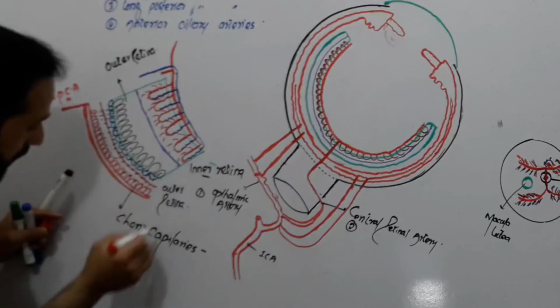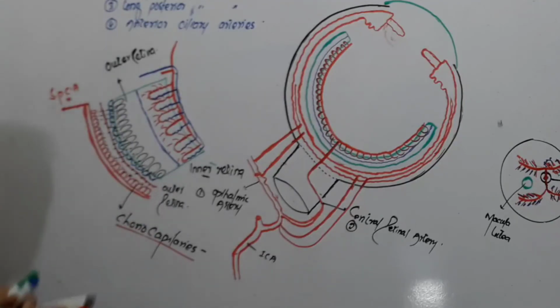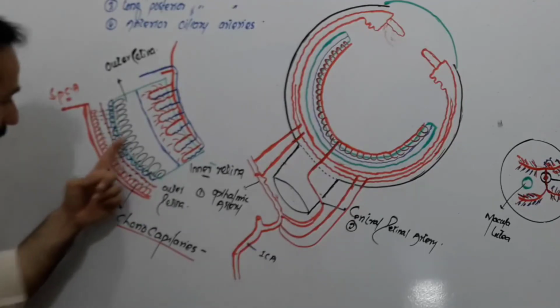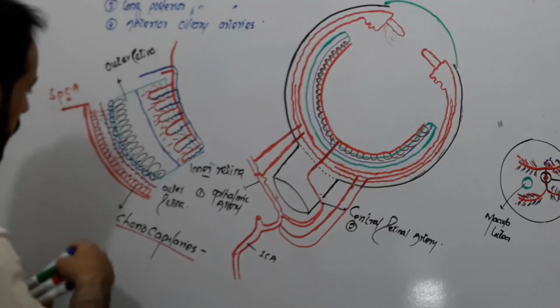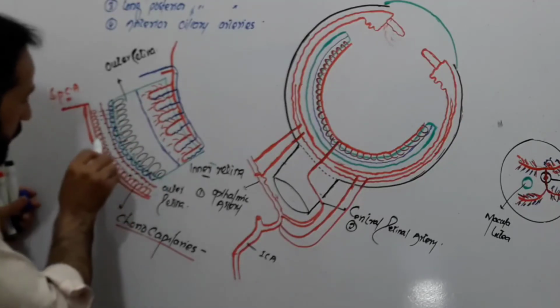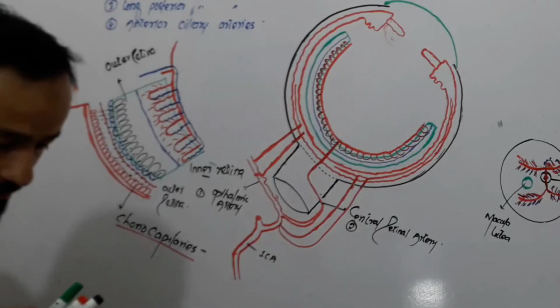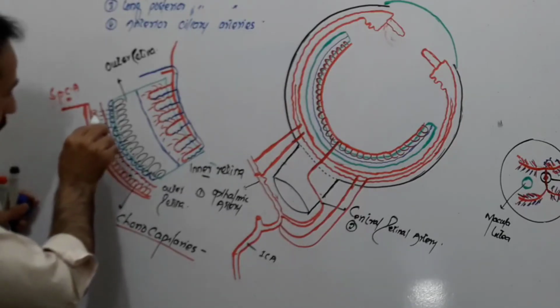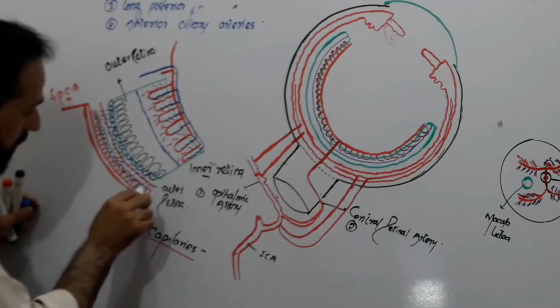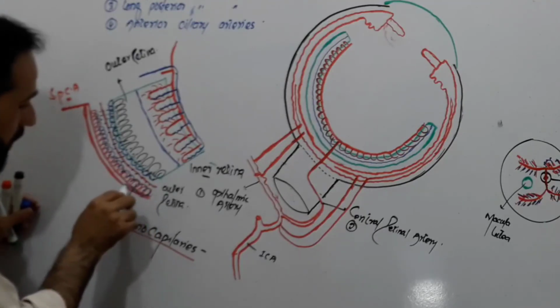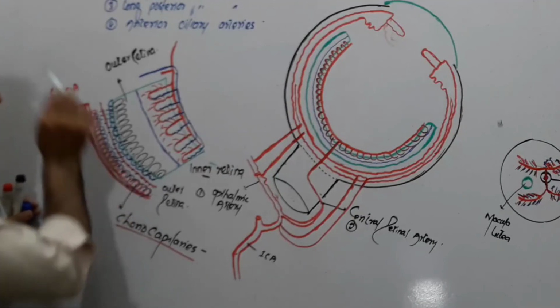So like this, they give capillaries, the choriocapillaries, and from these choriocapillaries, what happens? The nutrients and other substances move towards your retina, and then what happens? All these choriocapillaries will unite with the venous capillaries, right? And they will again come out, and we will discuss these veins later, right?